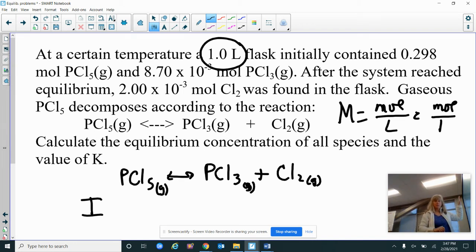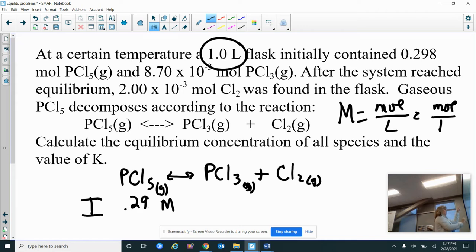But if it's not a 1 liter flask, if it's a 2 liter flask or a 3 liter flask or whatever, you have to do that division. You have to put molarity into the ICE chart. Okay, it needs to be molarity, not moles. So what do we have? We have 0.298 moles of PCl5.